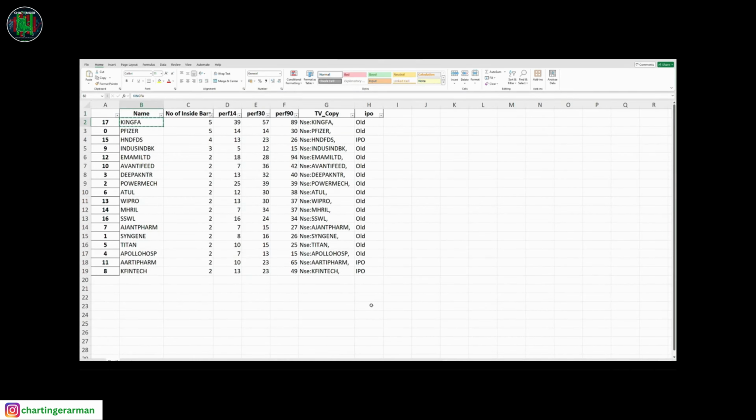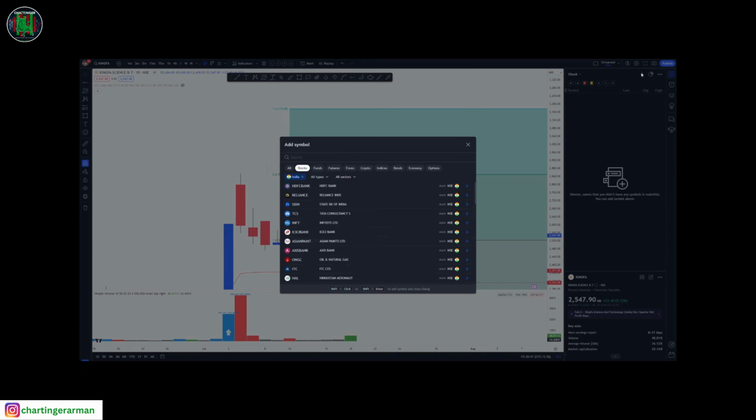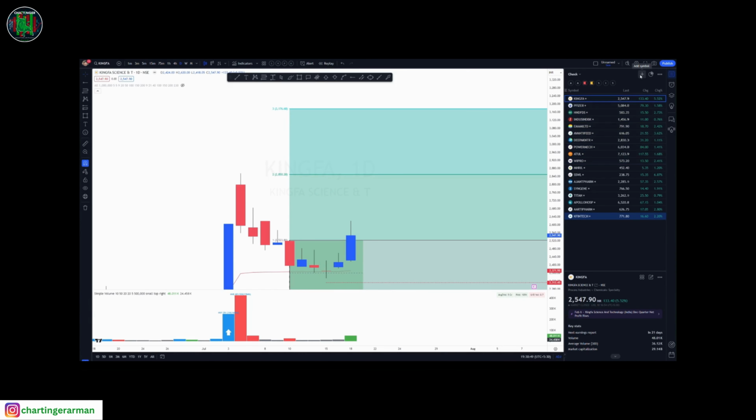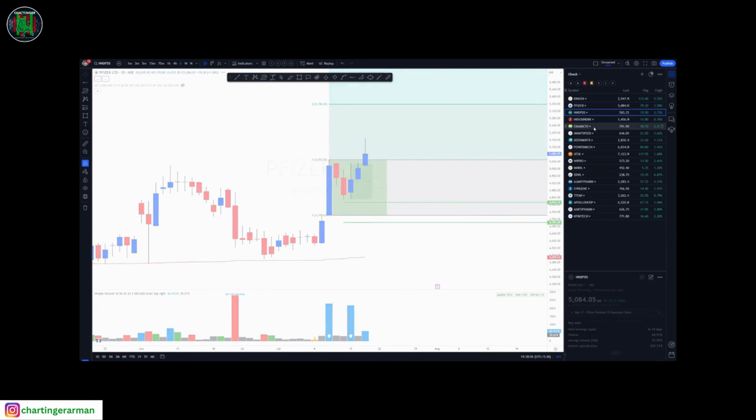The beauty part of the system is, see, again, you don't need to copy this one by one. I have given a TradingView copy row over here, which you can copy all together and paste it in your TradingView. So see, the beauty part, you can keep on swiping and check across very soon.